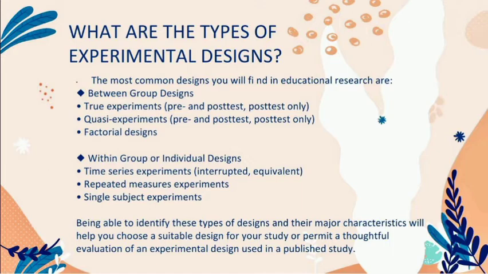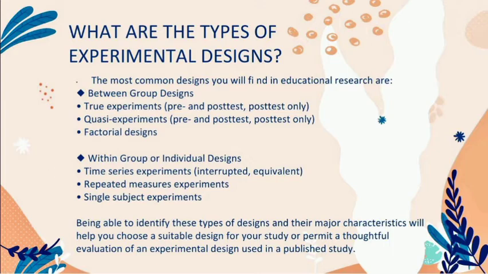The third is factorial design. The second design is within group or individual design. The first is time series experiments with interrupted equivalent, the second is repeated measures experiments, and the third is single subject experiments.